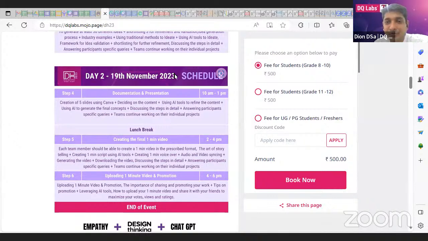Now, there's another question from Disha Agarwal, who's asking: the 1 minute videos that we need to make, do we have to post them on social media and gather likes, views, comments, or any other criteria? Is there some criteria for that? Right.